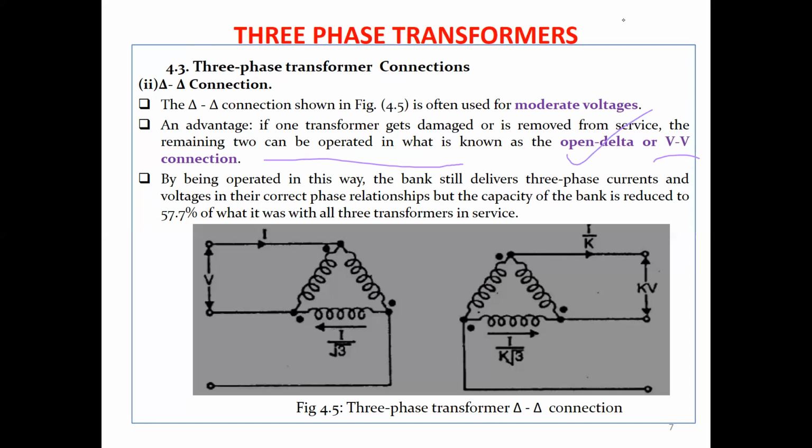Operated in this way, the bank, meaning three similar single-phase transformers, still delivers three-phase currents and voltages in their correct phase relationship, but the capacity of the bank is reduced to 57% of what it was with three transformers in service. You can see that.